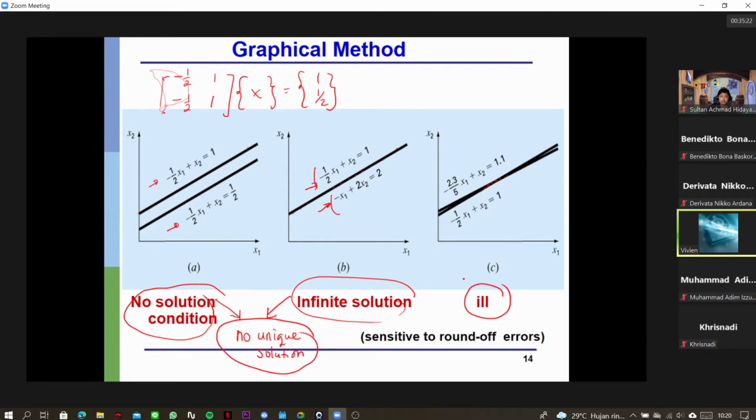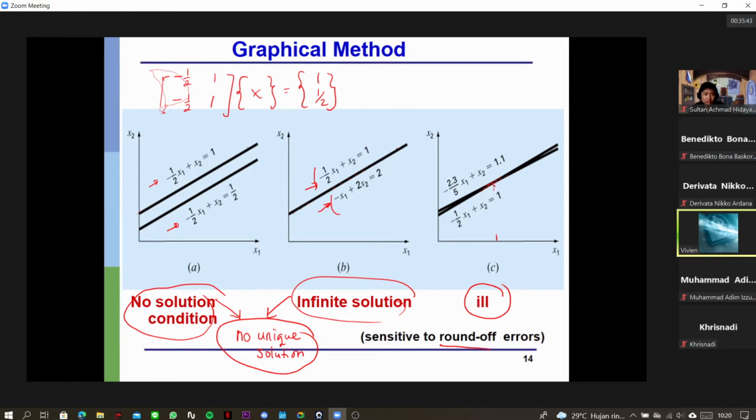What happens if we have an ill condition is that it's sensitive to round-off error. What is meant by sensitive to round-off error? For example, we have a change of value in x, so that the y value will change as well.